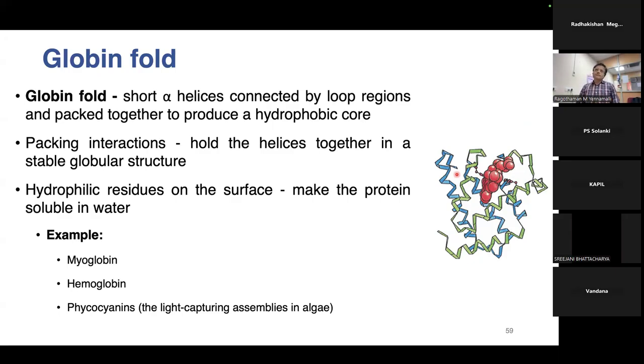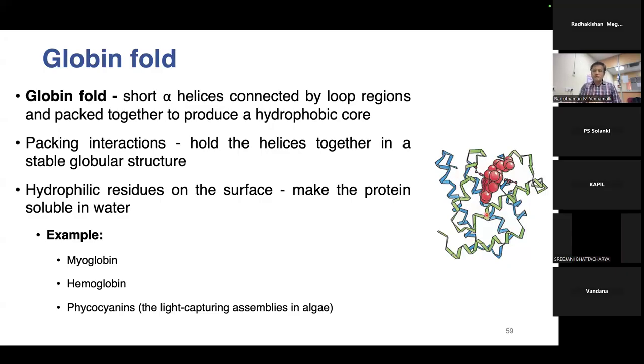So the easiest or most popular one is the globin fold. Globin fold, as the name suggests, is an all alpha protein. What you see is all helices. And this globin, you prefix it myo or hemo, all those have globin folds.